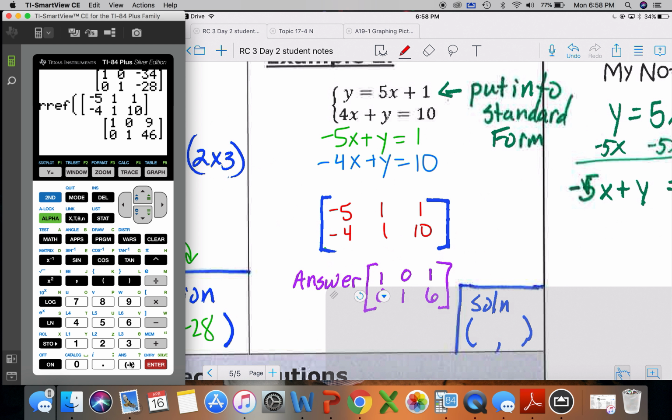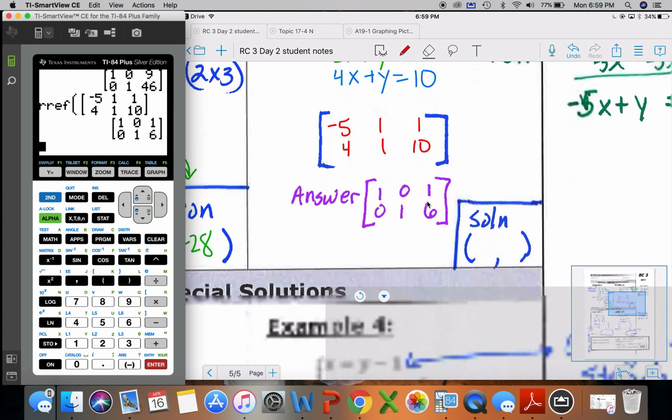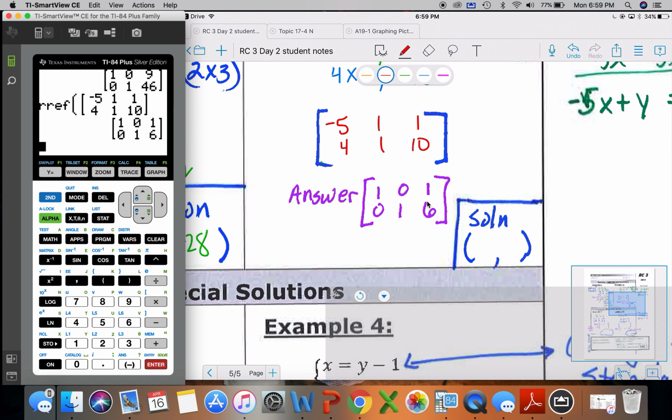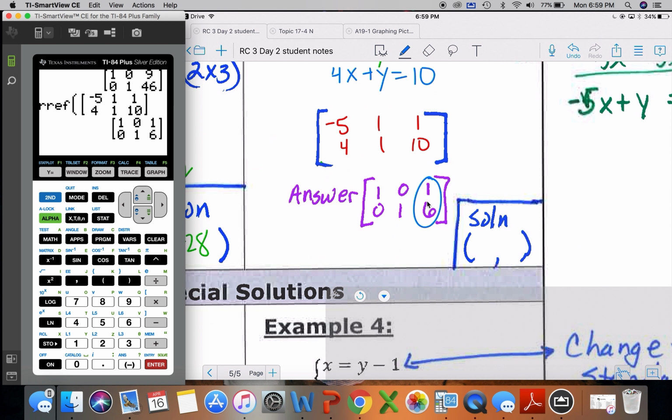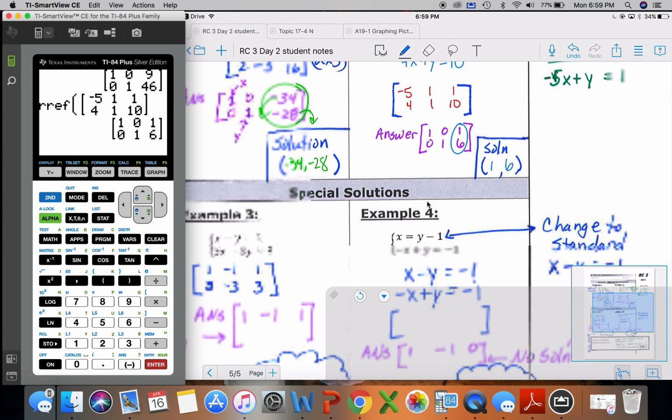Ooh, and this does not match what's on our paper. Oh, because I invented a negative. So if you make a mistake, second enter gets you back to what you originally typed. And there we go, now it matches. So my solution is a nice normal solution of 1, 6.